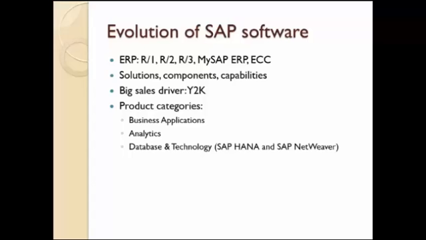And for ERP, one big sales driver is Y2K. Okay, the Y2K problem. Some of you probably remember this problem in year 2000. It was supposed to be a big problem for computer systems because early computer systems were built with COBOL programs, which did not account for the year 2000.